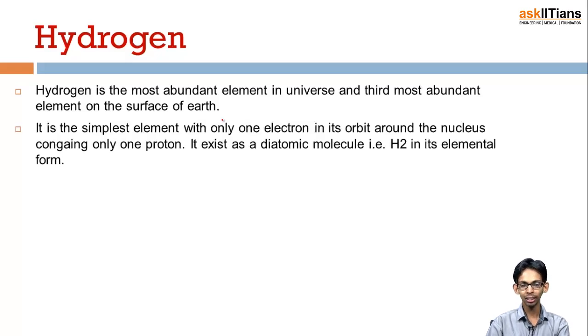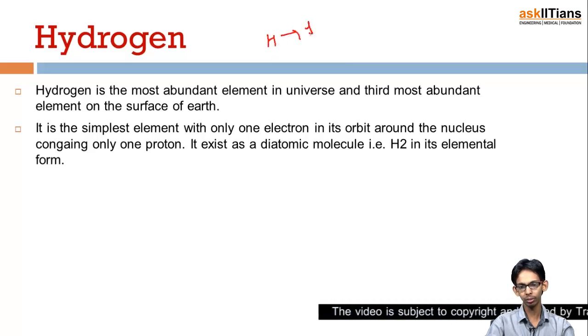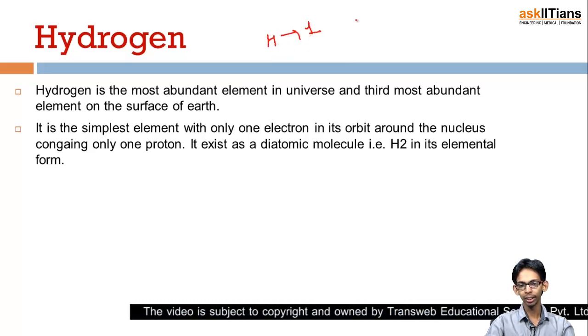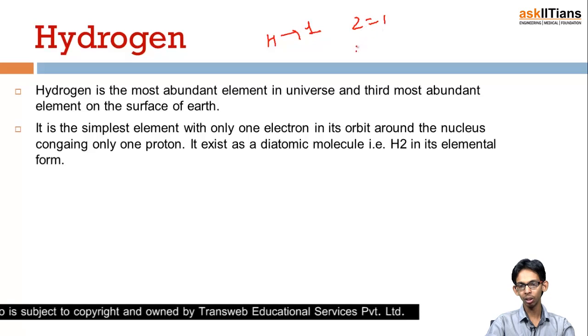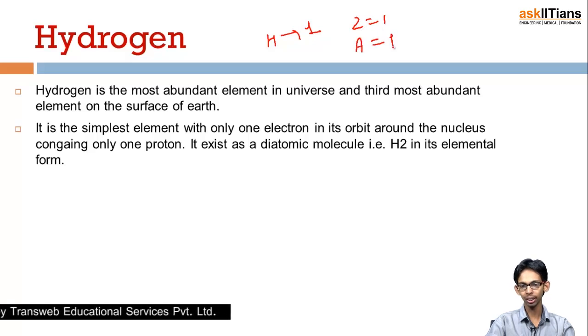Next, it is the simplest element, with only one electron in its orbit around the nucleus and only one proton, and it exists as H2. What is the atomic number of hydrogen? It is 1, Z is equal to 1, and the atomic mass is also 1.